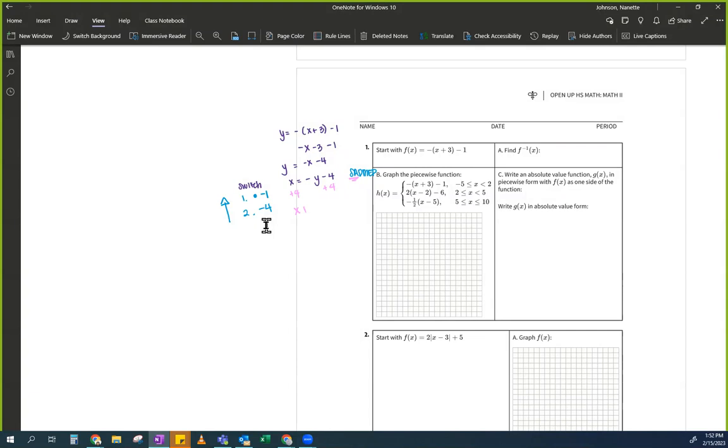Then I would continue and say, do you see any multiplication or division? And you're like, yeah, I see a negative. So you can divide by negative 1. And then my answer would look like negative x minus 4. So there's my inverse. I would write that here: negative x minus 4.